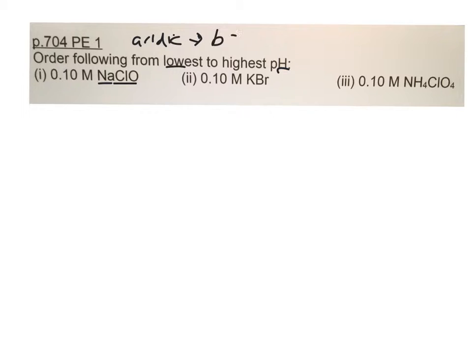Obviously, we're not going to get any numbers here. So let's look at NaClO. We know NaClO would break up into ions in solution like this, where Na is just a metal from group 1, neither an acid nor a base. It's negligible for either.